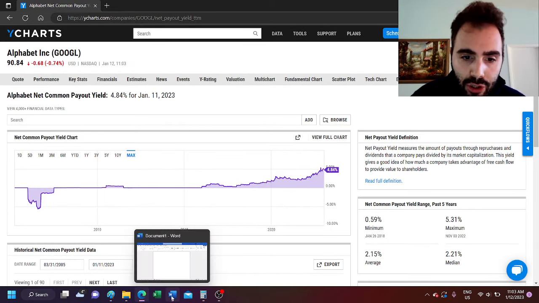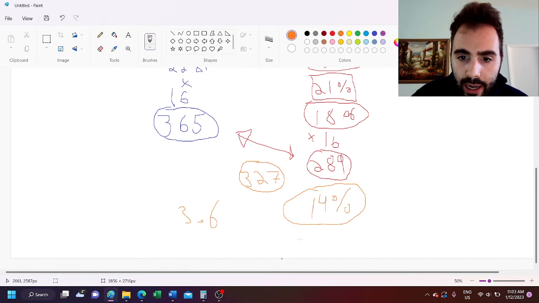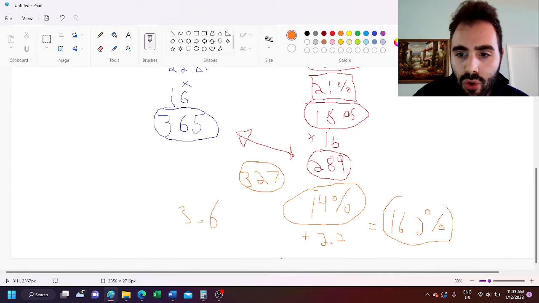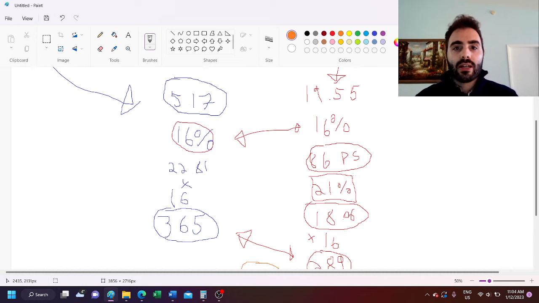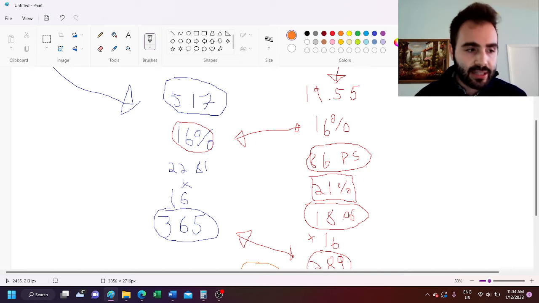So in addition to this 14% return, we also get 2.2%, and this gives us a future rate of return of 16.2%. Meaning, if we were to buy Google now, we would predict that our annualized rate of return would be 16.2% per year, or let's say 16%.